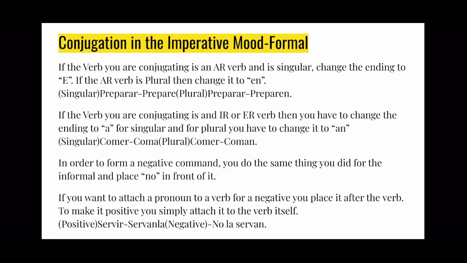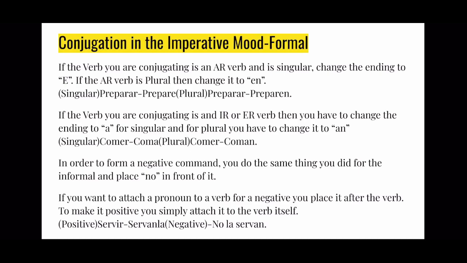So on the next slide, this is conjugation in the imperative mood formal. So with this, it is slightly similar, but for this we have singular and plural forms. So if the verb you are conjugating is an AR verb and it is singular, you have to change the ending to E. And if the AR verb is plural, then you have to change it to EN.